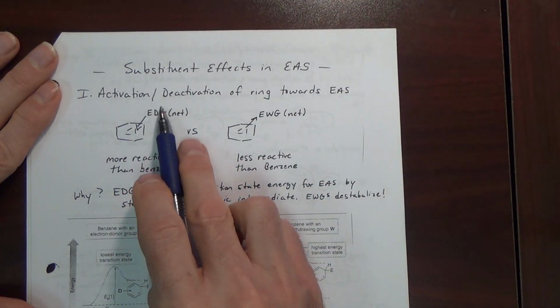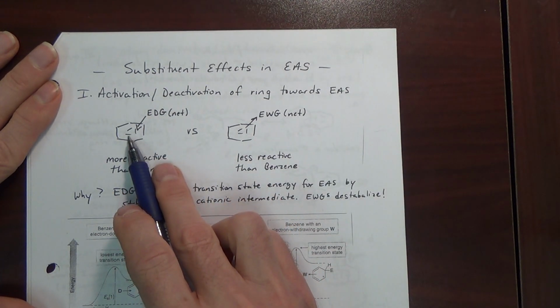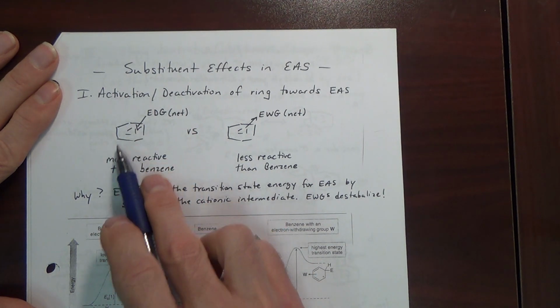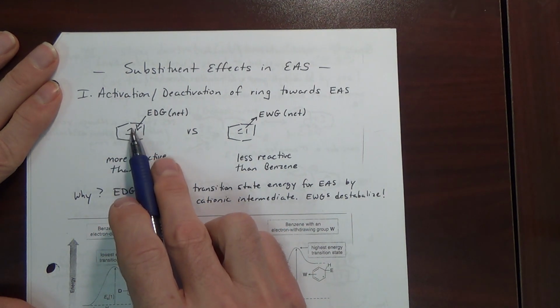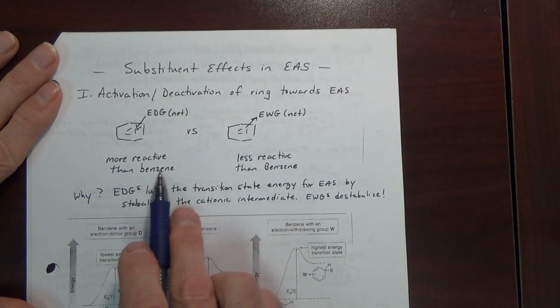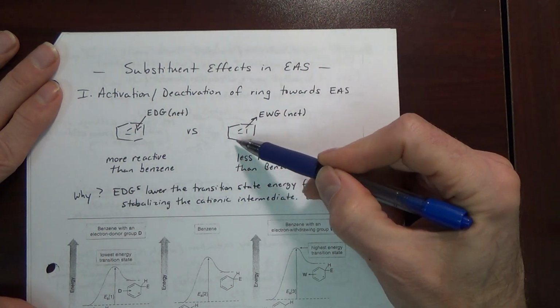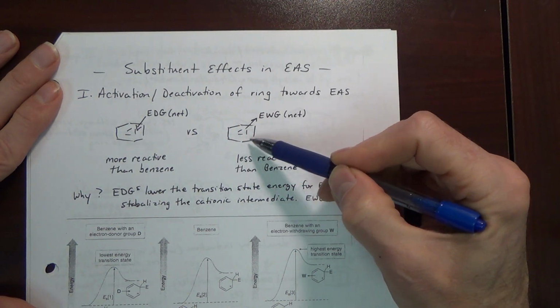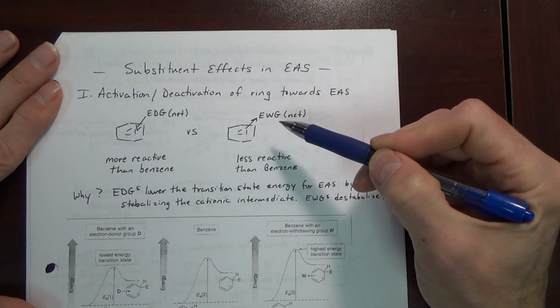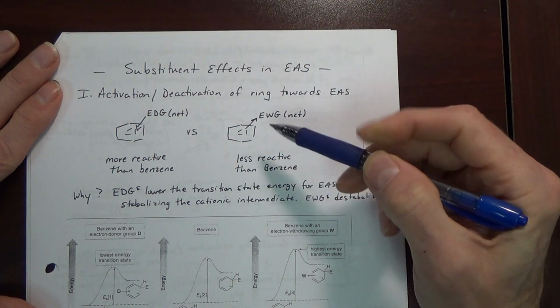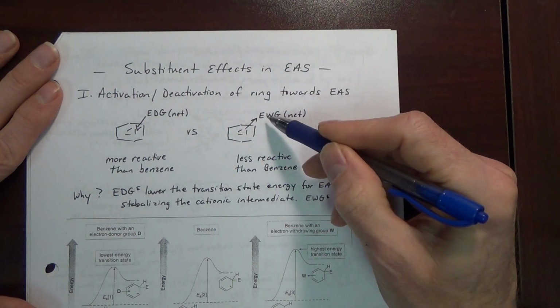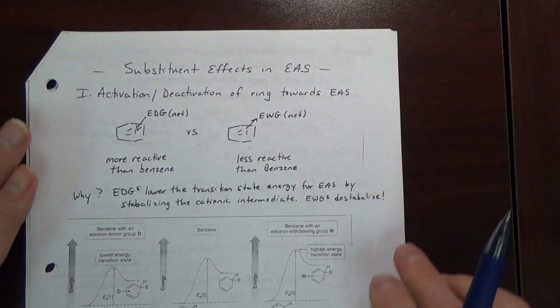If this is a donating group, we're going to increase the electron density of the ring, and that's going to make it a stronger nucleophile. It would then be more reactive than benzene. If we remove electron density from the ring, that's going to make it less reactive as a nucleophile, and thus less reactive than benzene, or if the group was not there.